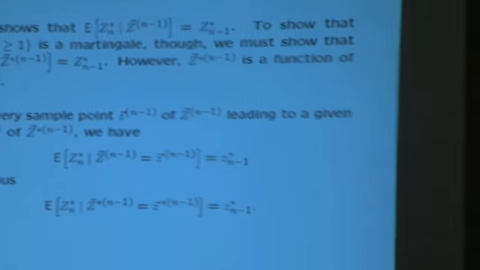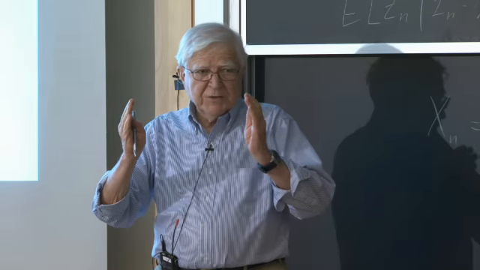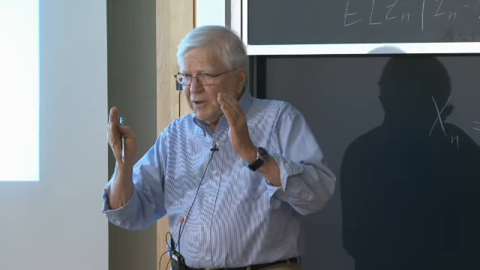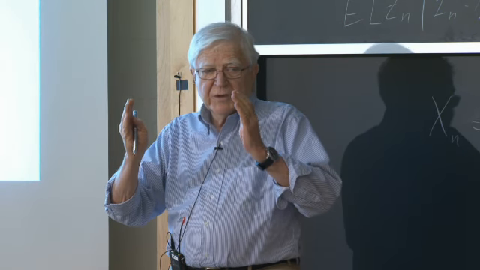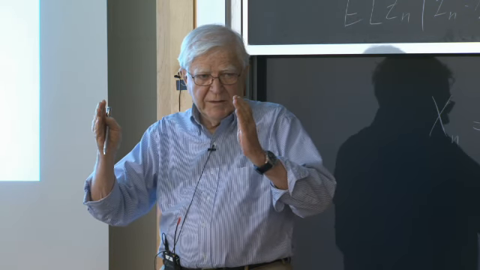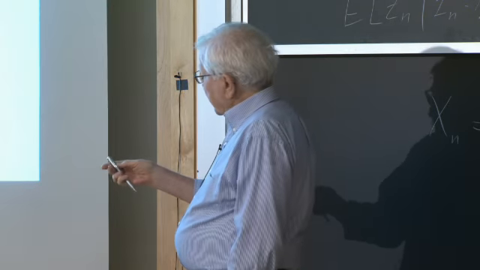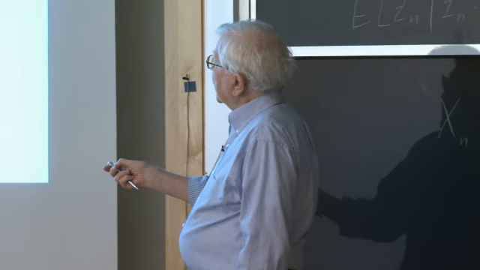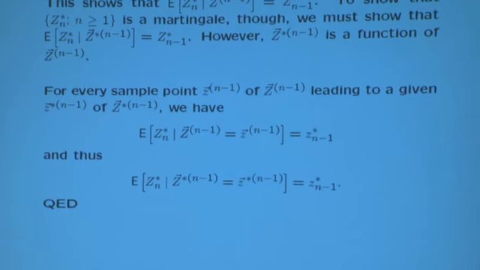If I give you the sample values of the original process, you can tell me where the process stops, and you can say what the stopped process is, both before and after that point. So these stopped values are a function of the unstopped values.